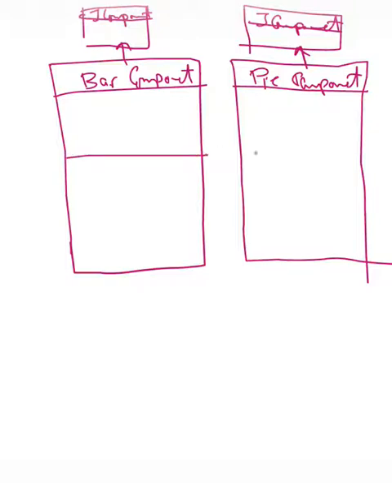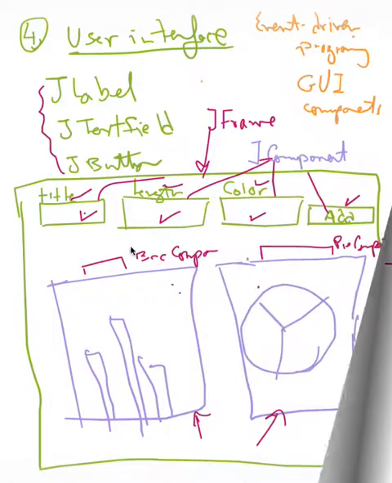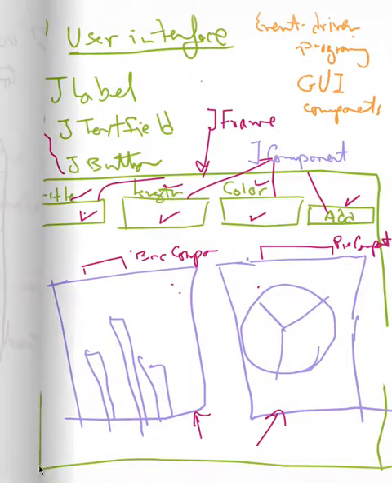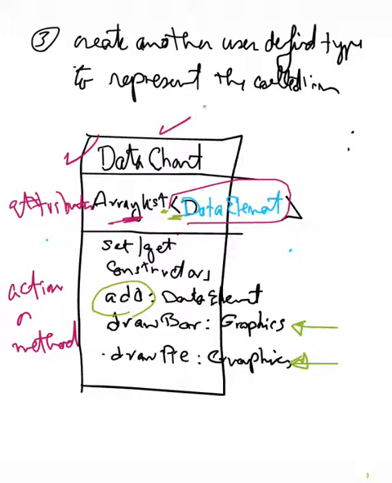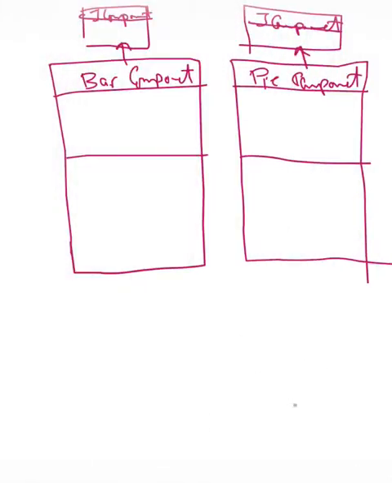Now every class needs to have attributes and methods. Both of them need to have an attribute which is the chart class, so both of them need to have data chart as an attribute. And what methods should the class have?